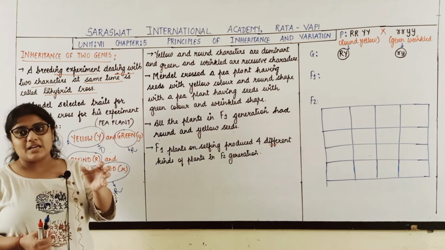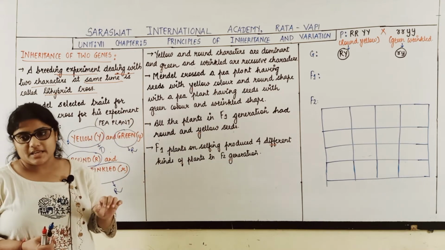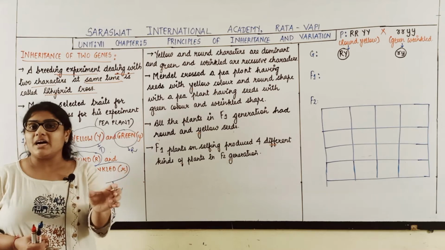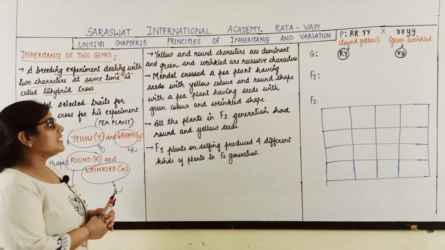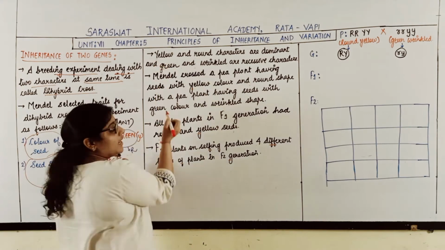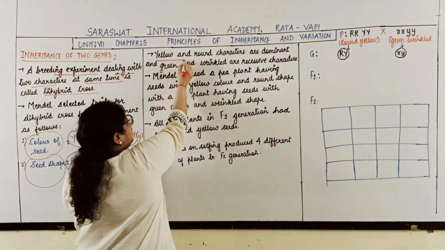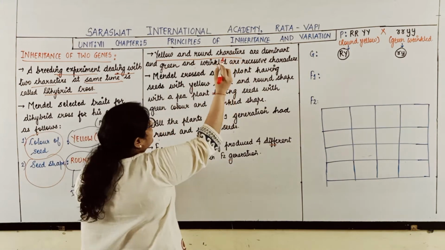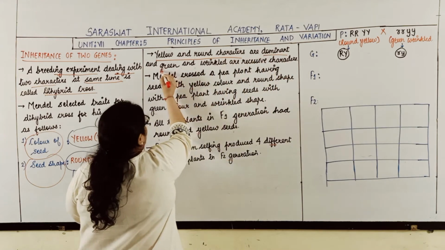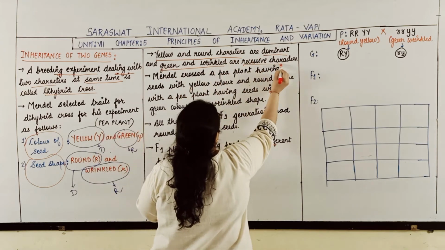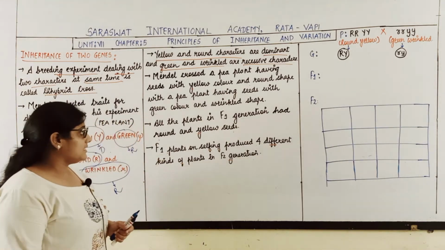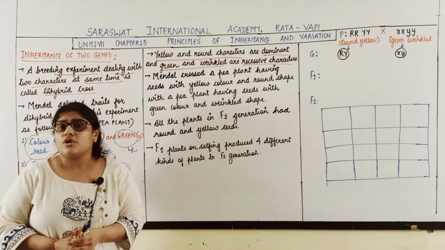He took a plant with both these dominant characters. He first concluded that round and yellow are dominant characters and green and wrinkled are recessive characters. Now he performed a cross.